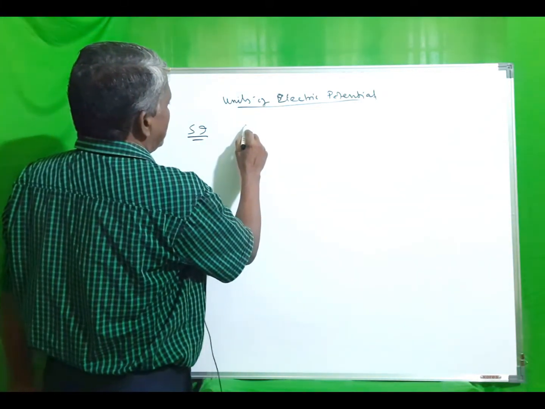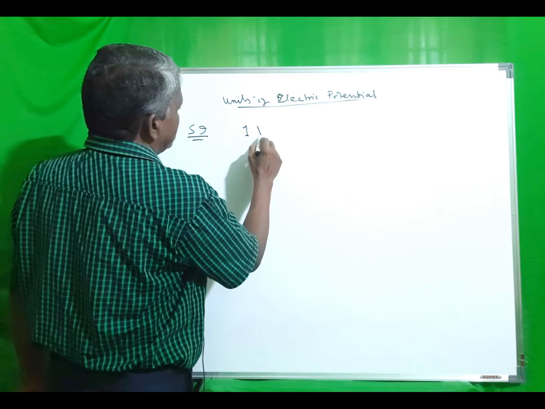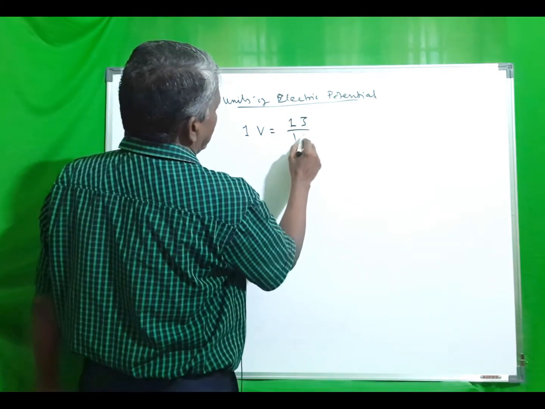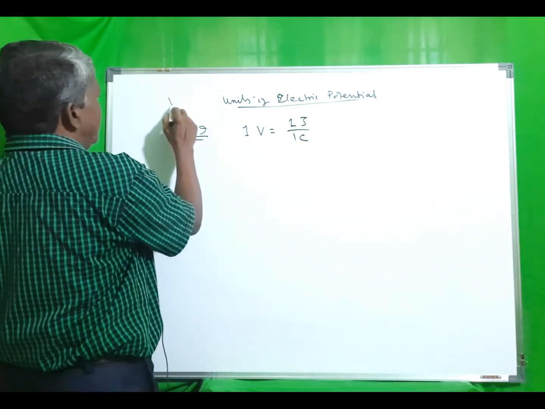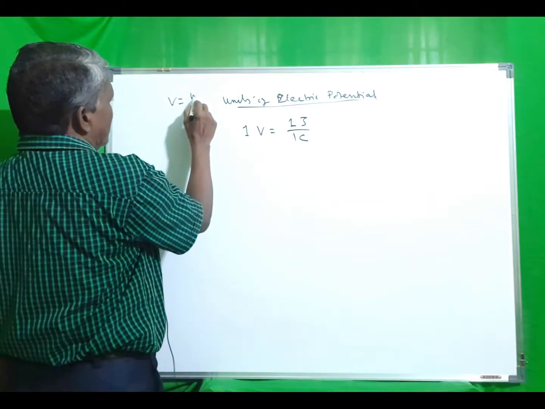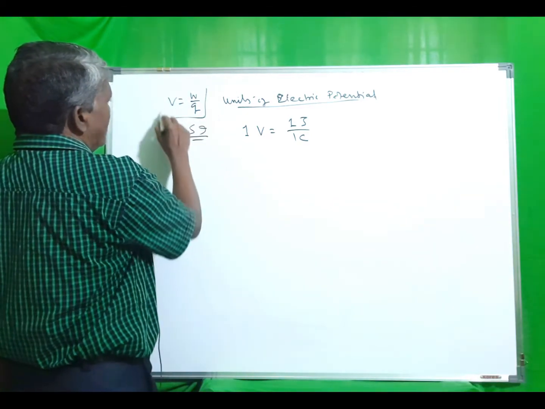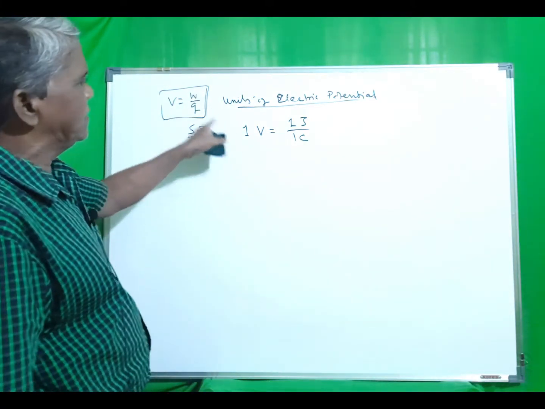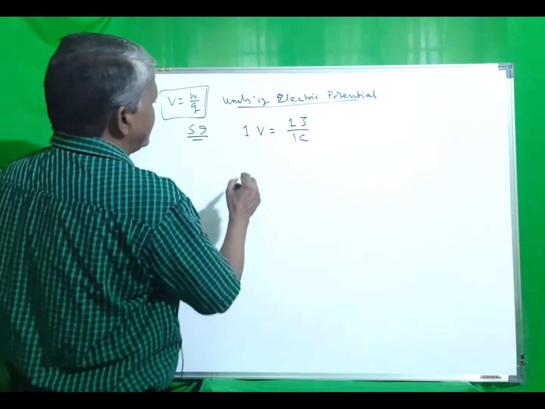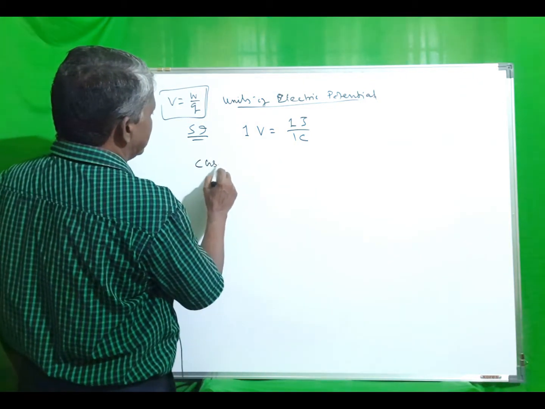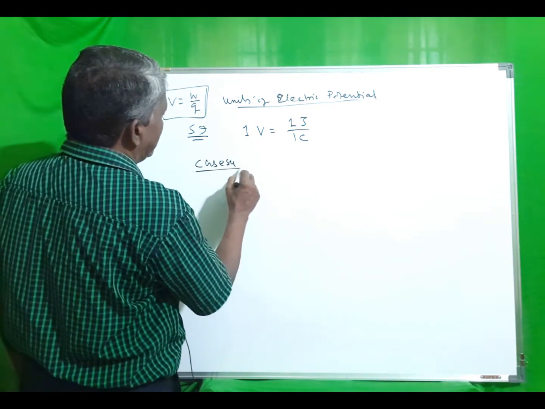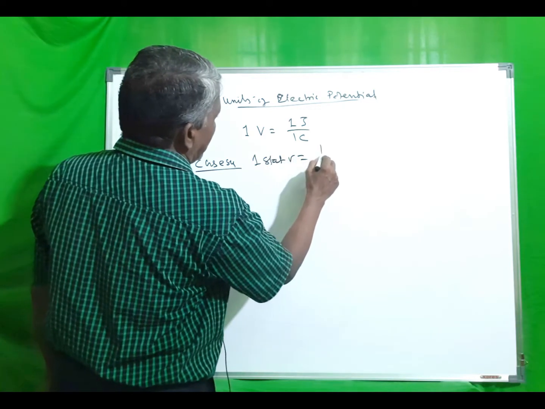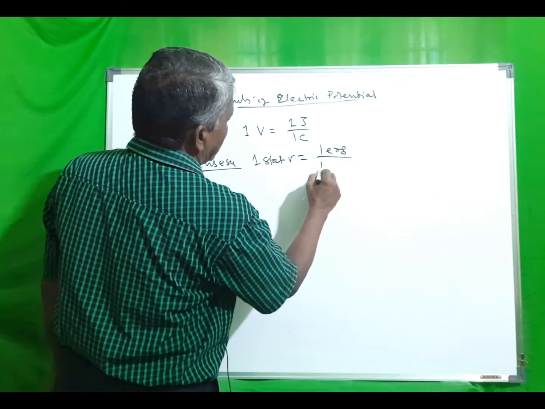So 1 volt is equal to 1 joule by 1 coulomb, since V is work done by charge, so the potential unit is work unit by charge unit. And in the CGS electrostatic unit, 1 statvolt is equal to 1 erg by 1 statcoulomb.